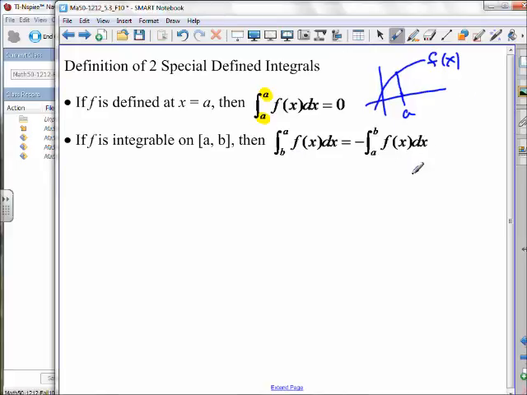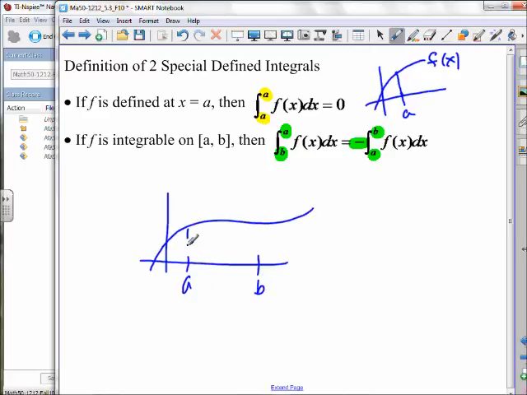Okay, well, what about this? This is saying that, and I'll put this in a different color, if we integrate from b to a, it's the opposite of integrating from a to b. So the a and the b are interchanged in position, but notice it's the opposite of that. Integrating in the order from a to b is one sum, but if we go in the opposite direction, it's a negative.